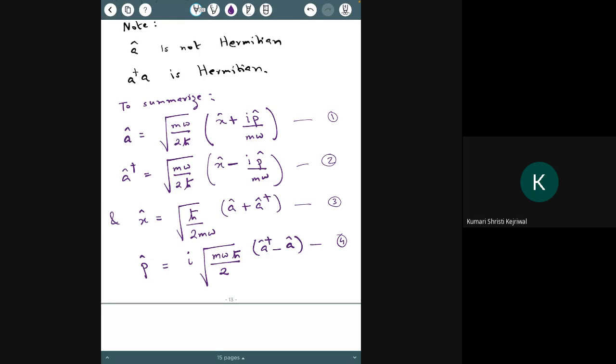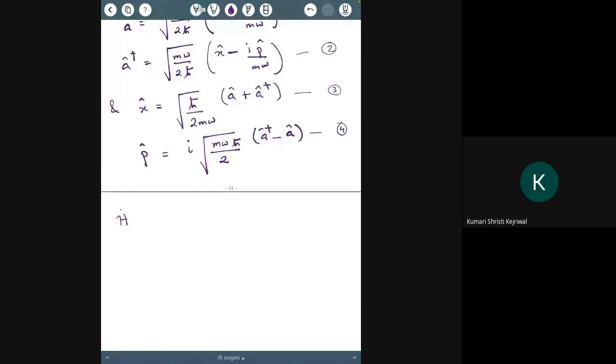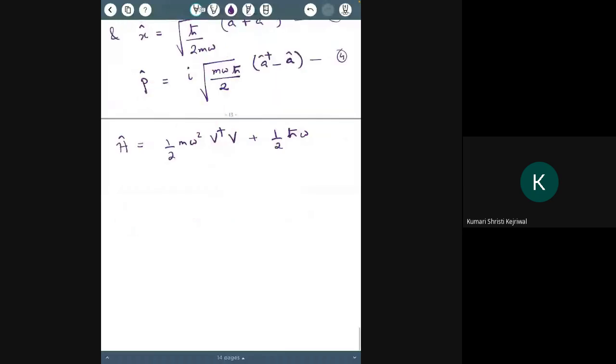Then we summarize the Hamiltonian as well. So what did my Hamiltonian look like? We had got up to m omega square V dagger V plus half h cross omega. I guess, yes, this is what we had.